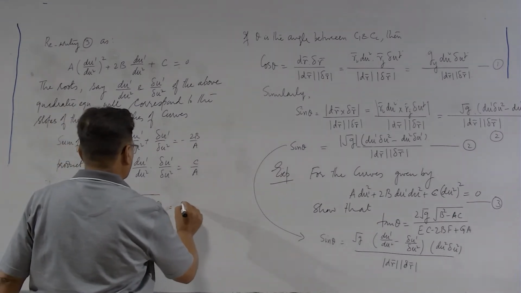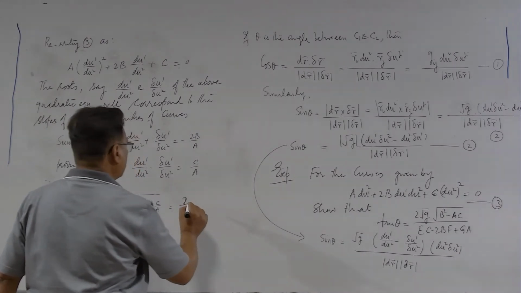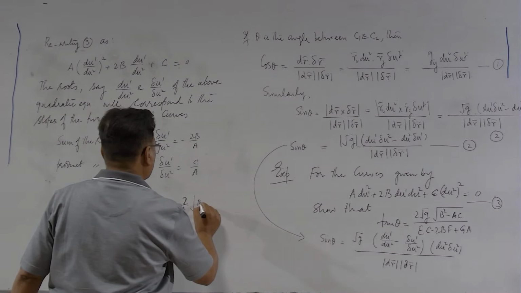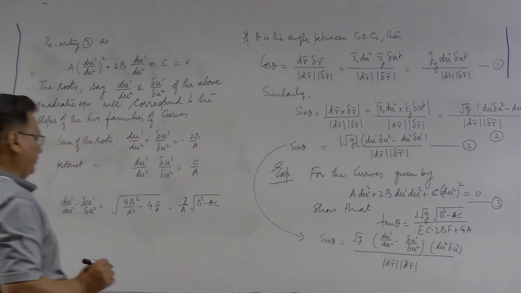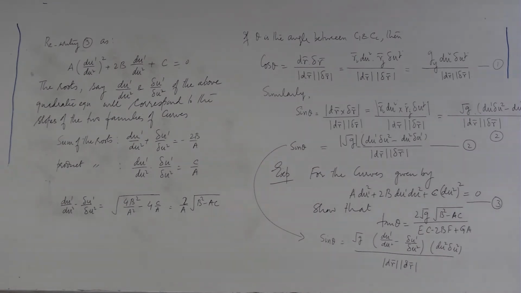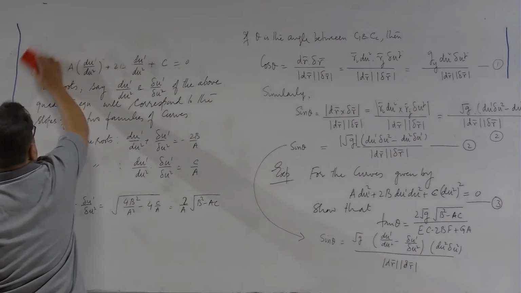So, this will become 2 upon a into under root b square minus ac. This is the difference. Now, tan theta I can write down as sin theta upon cos theta. So, I have to remove this part.